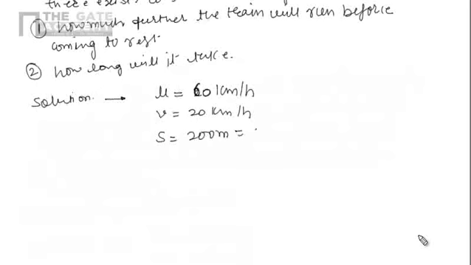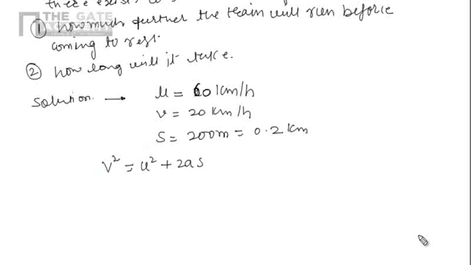So in terms of kilometer, we can write 0.2 kilometer. And now we will apply the equation v square equals u square plus 2as. So by this way we can easily find the acceleration. If it is coming negative, it means it's a retardation.